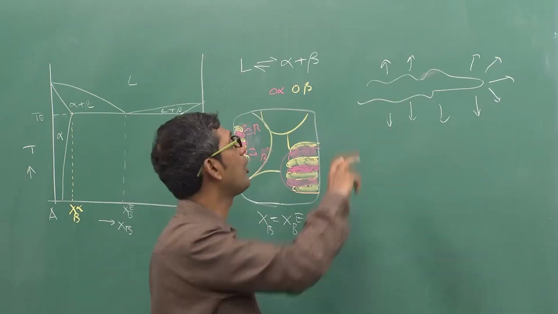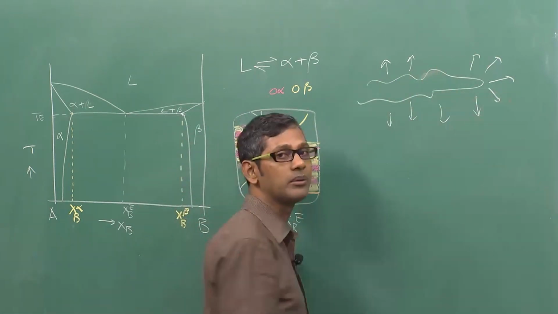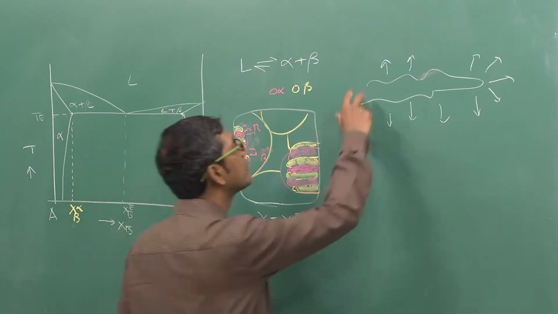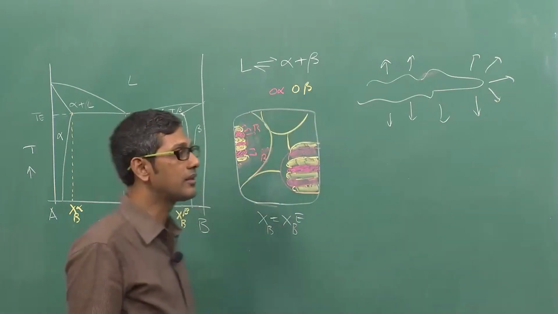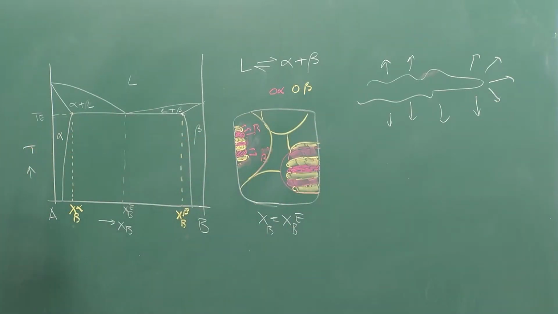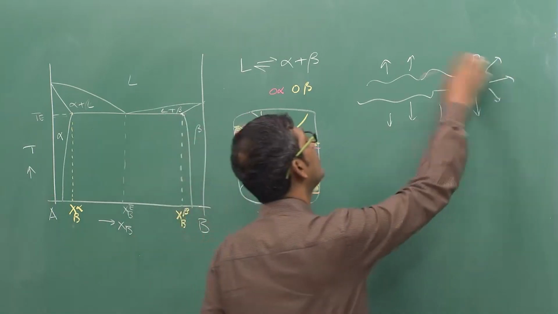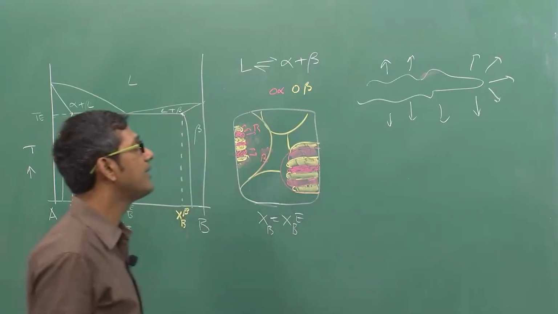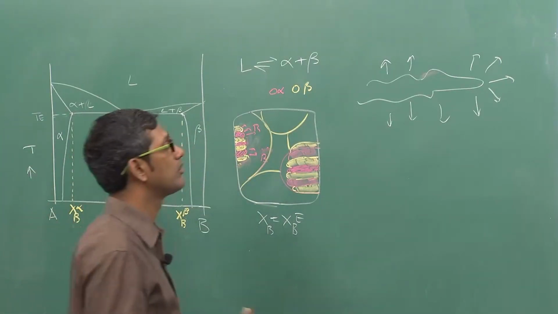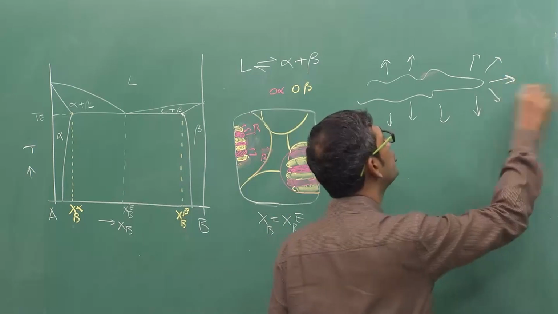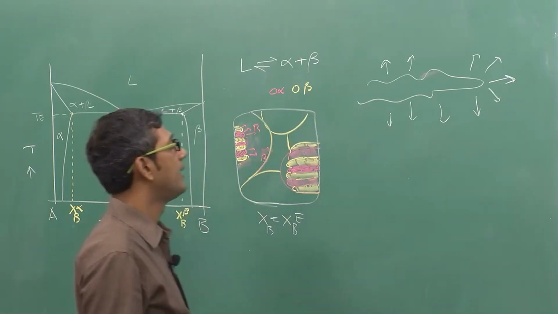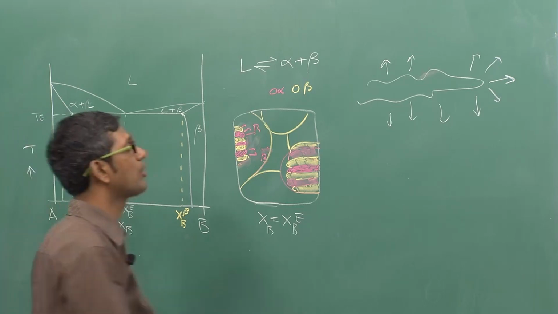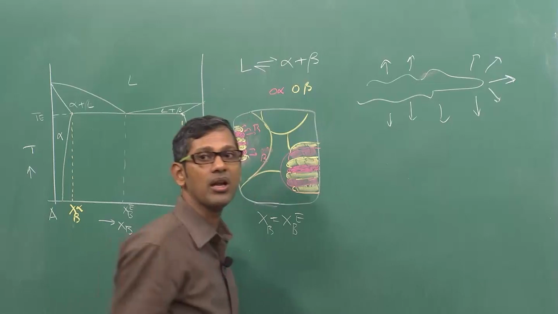So, because of that the excess solute is rejected to the liquid, and for further growth of dendrites these solutes need to be transported further. That means this solute needs to be moved away from these portions of the dendrites, and this kind of diffusion is long distance. This requires atoms to move quite a long distance. So that is why dendritic growth is mostly governed by the diffusional flux of the solute from the tip of the dendrites to a larger distance.